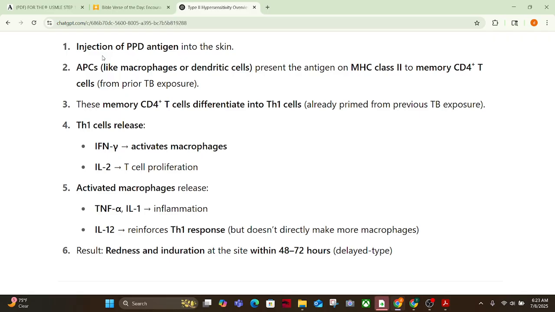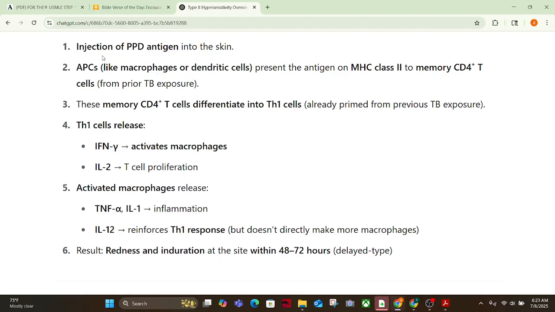The first thing that happens is injection of PPD antigen to the skin. Then antigen presenting cells like macrophages or dendritic cells present the PPD antigen on MHC class 2 to memory CD4 T cells because you've had prior TB exposure. These memory CD4 T cells differentiate into Th1 cells.